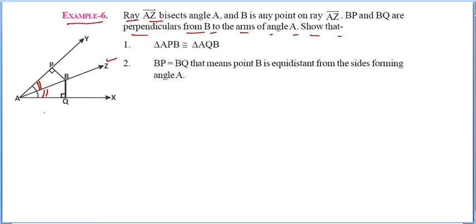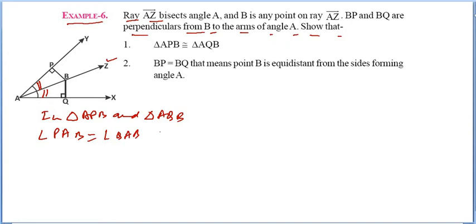So you can take here in triangle APB and triangle AQB. Let us see. These angles are all equal. So angle of PAB is equal to angle of QAB. Because why?